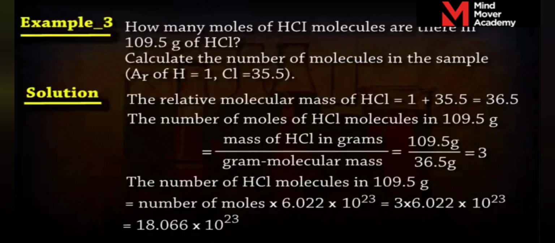The number of HCl molecules in 109.5 grams is equal to the number of moles times 6.022 × 10^23, which is 3 times 6.022 × 10^23, which is equal to 18.066 × 10^23.